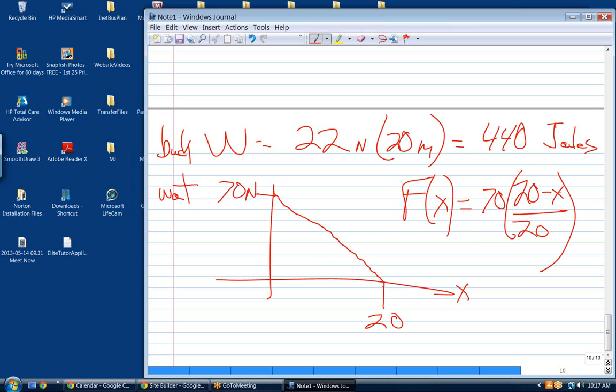In other words, when we're 10 meters off the ground, we have 1/2 the water left. When we're 20 meters off the ground, we have 0 water left. So this expression gives you the weight of the water as a function of the height off the ground. And this simplifies to 70 minus 3.5x newtons.